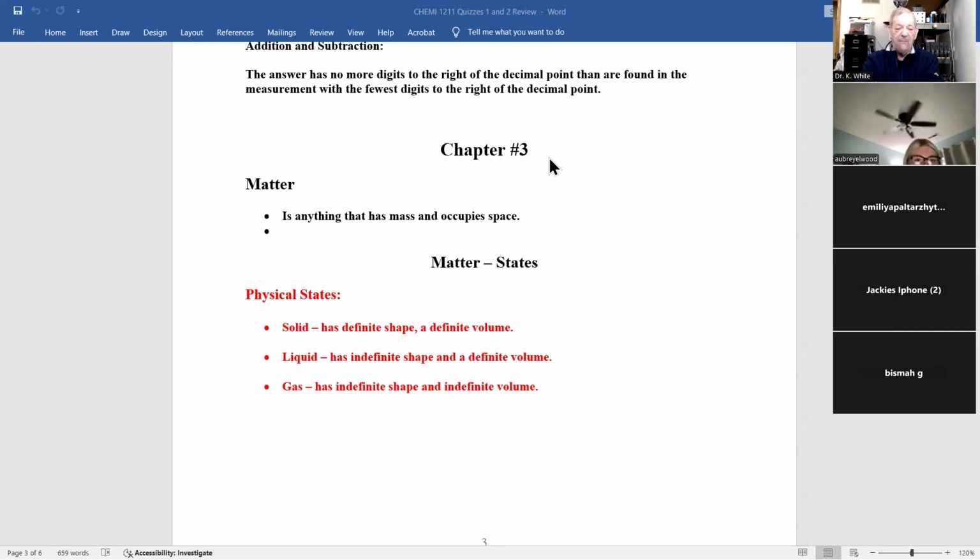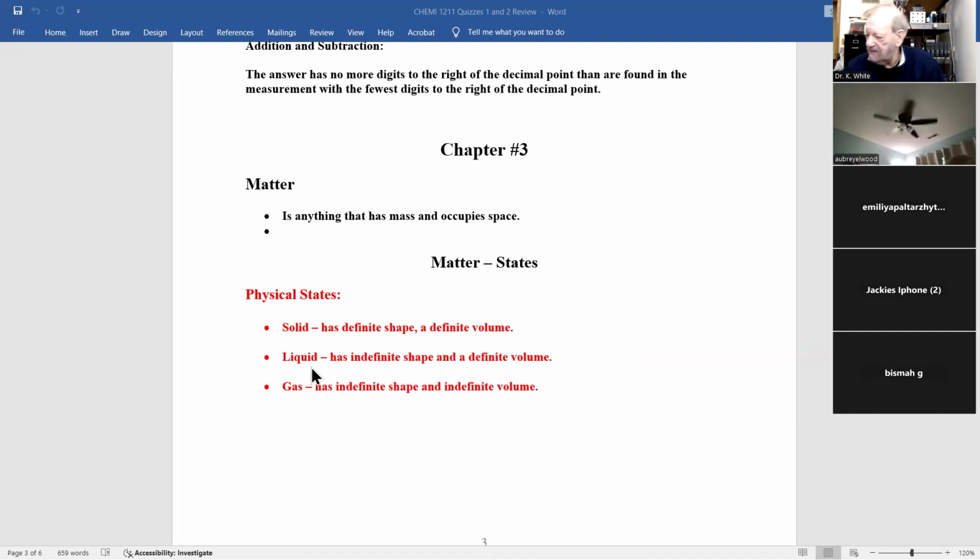Now, when we talk about matter, there are three physical states of matter you should know. Don't you like when Dr. White's subtle? All right, first one is solid. A solid has definite shape and definite volume.